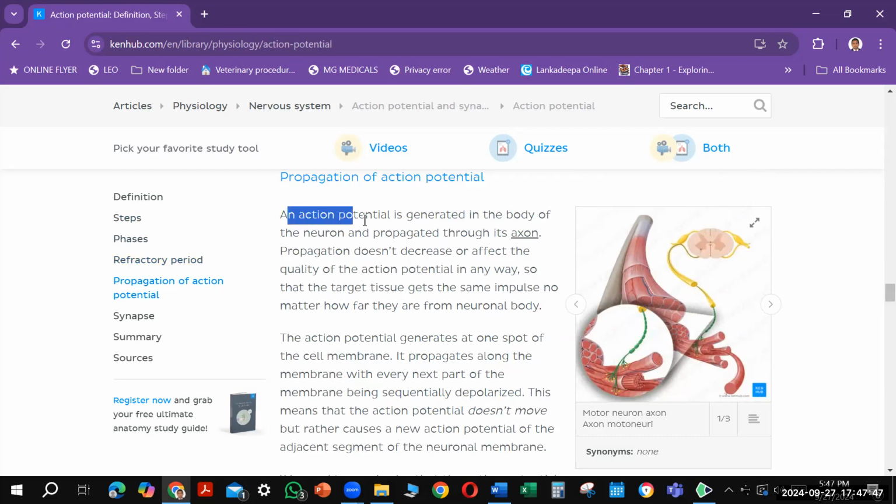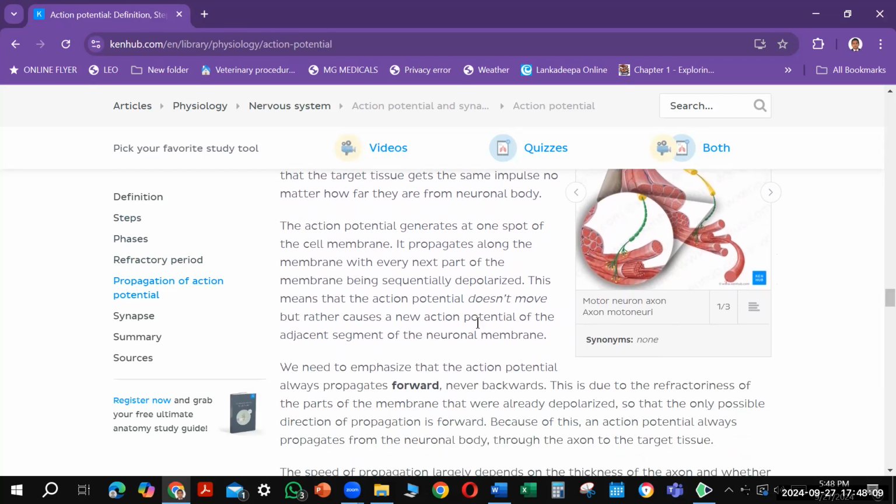Action potential is generated in the body of the neuron and propagated through its axon. Propagation doesn't decrease or affect the quality of the action potential in any way, so the target tissue gets the same impulse no matter how far it is from the neuronal body.